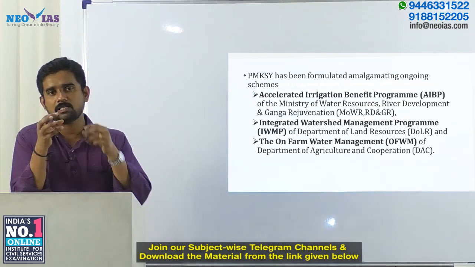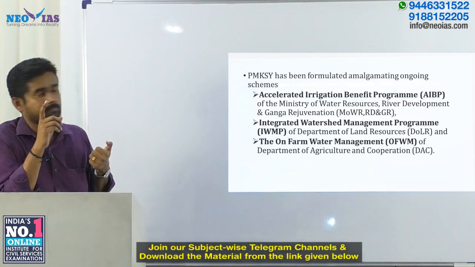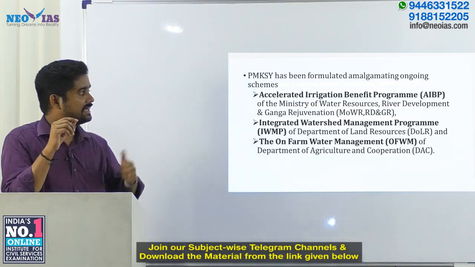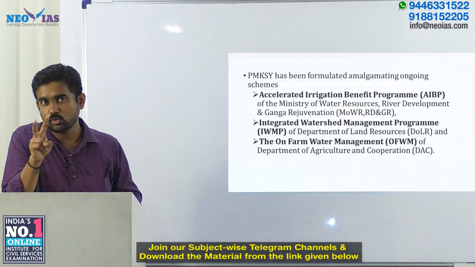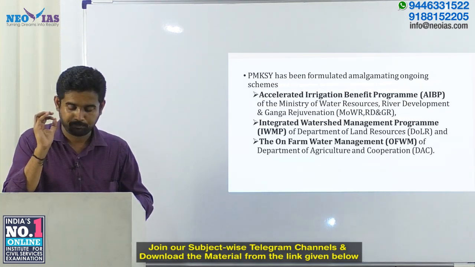So, the three schemes which have been integrated into this one are the Accelerated Irrigation Benefit Programme, the Integrated Watershed Management Programme, and the third one is the On Farm Water Management Programme.